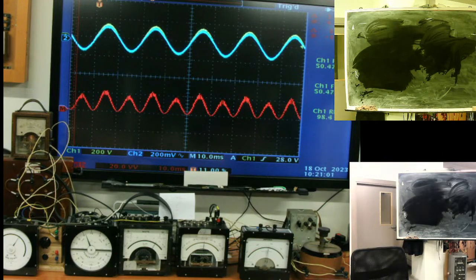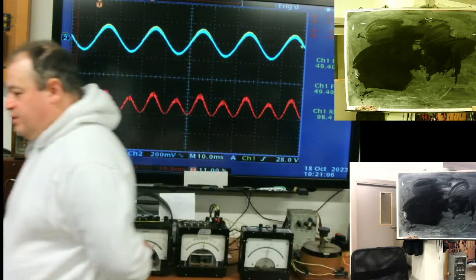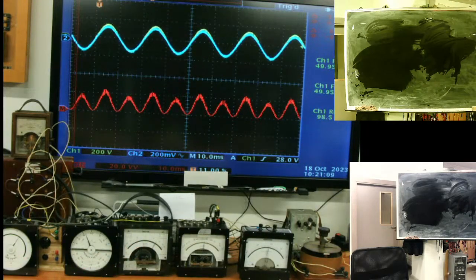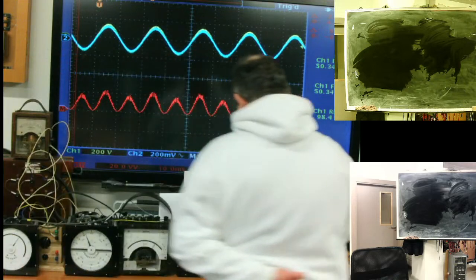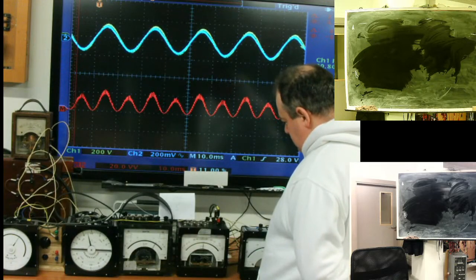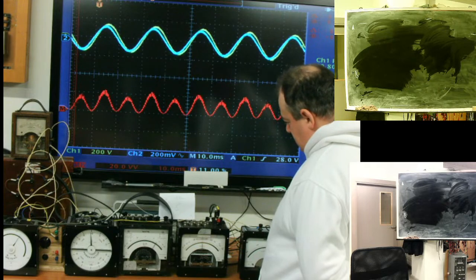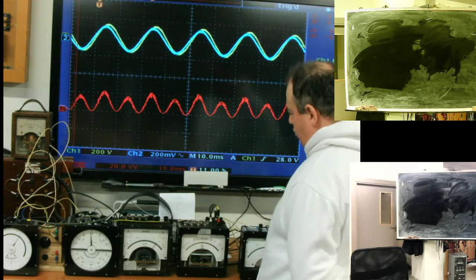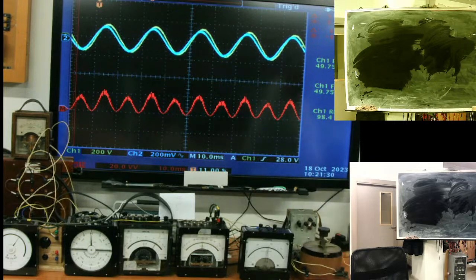What kind of regime do we see now? What can you say? What's the angle between voltage and current? Any idea? This way, it's prettier. This way is better. Like this.